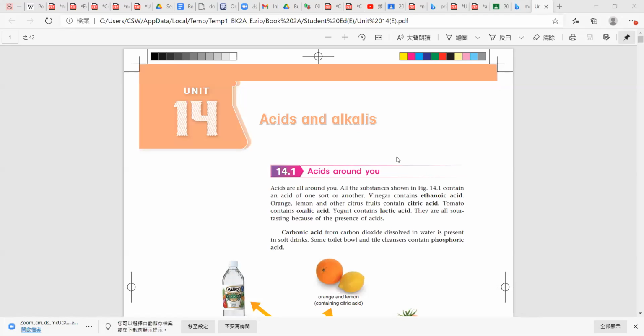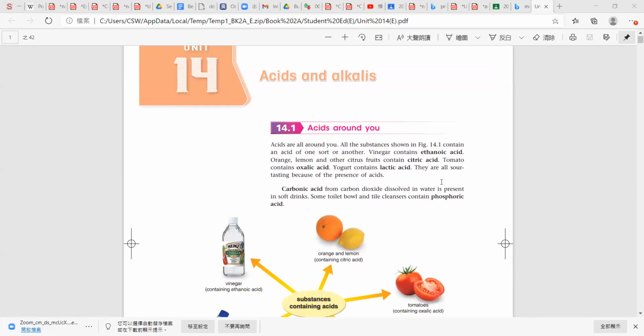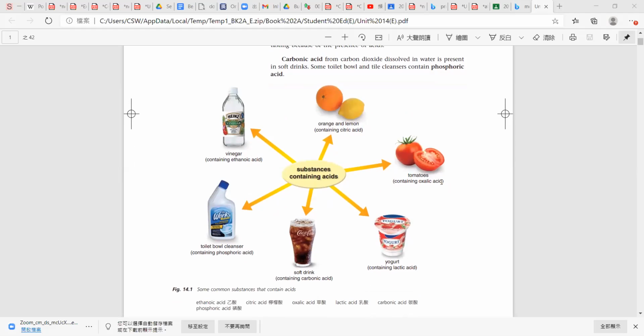So acids, what do you know about acids? You may have heard of that term in Form 2 IS. Indeed, acid is not just what you know in the laboratory, like hydrochloric acid, nitric acid, sulfuric acid.